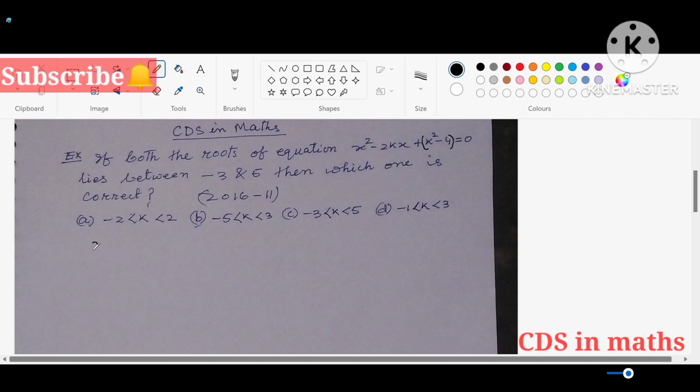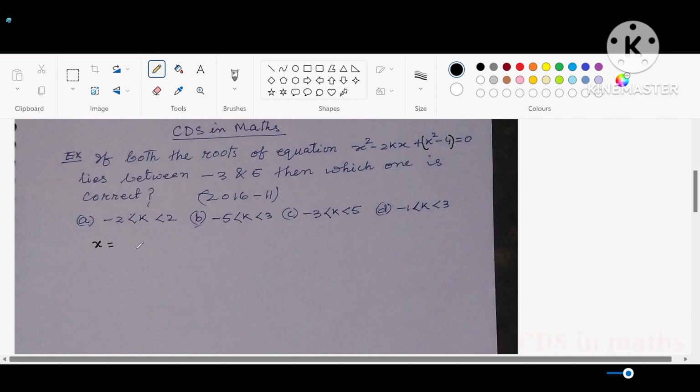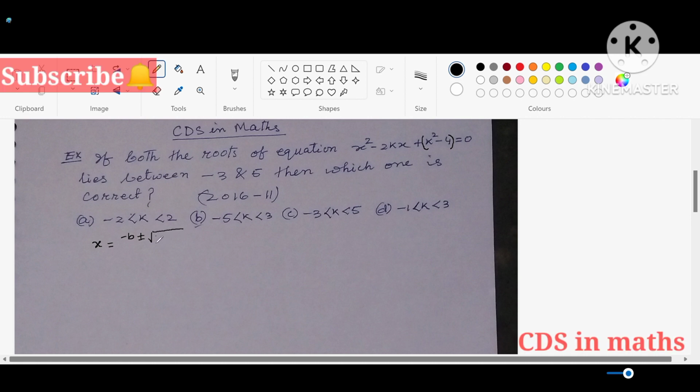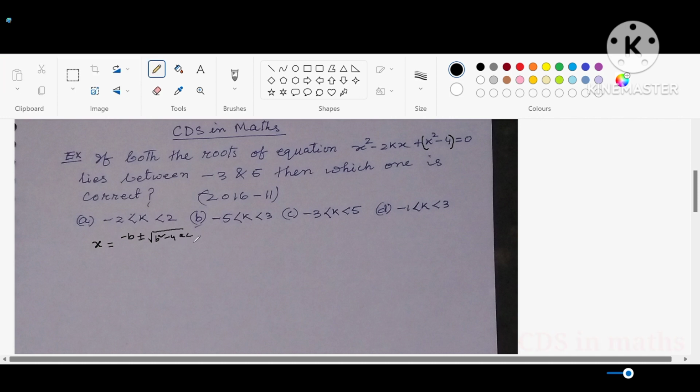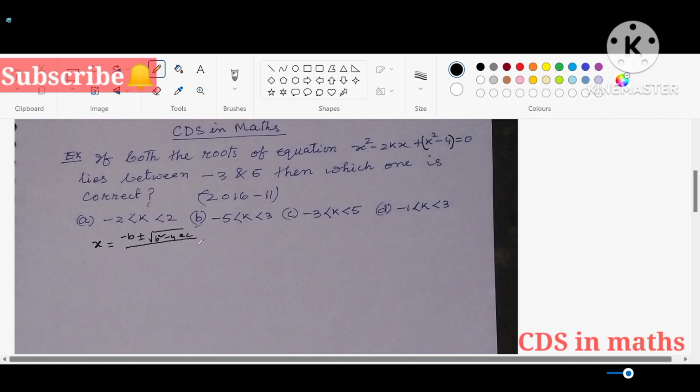using the formula. So we know the formula for finding the roots. x is equal to minus b plus minus under root b square minus 4ac by twice a. So b means the coefficient of x, which is minus 2k.